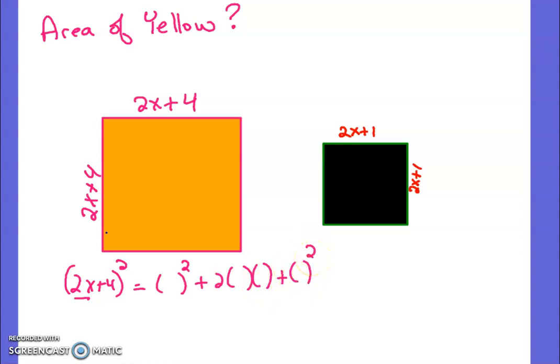The A goes in here, and then the B goes in there. Then we simplify this. That's 4x squared.